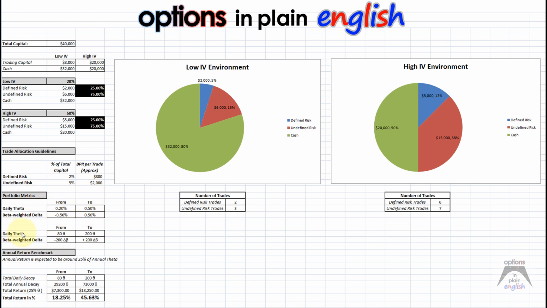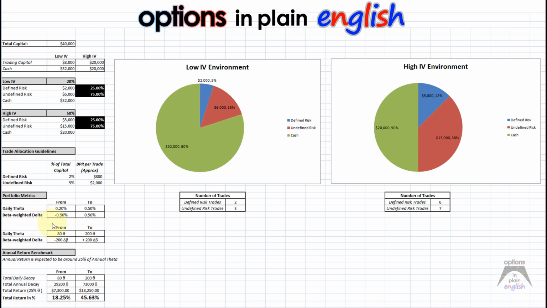So we are going to be aiming for a daily theta number anywhere between 80 theta, because we have a total portfolio that's 40,000. So 0.20% would be 80 thetas, and 0.50% is going to be 200 thetas, right? 0.5% of 40,000. Okay, so your portfolio should have anywhere from 80 thetas to 200 thetas.